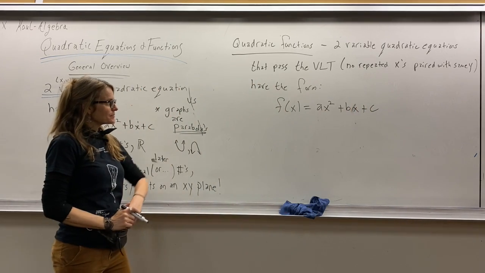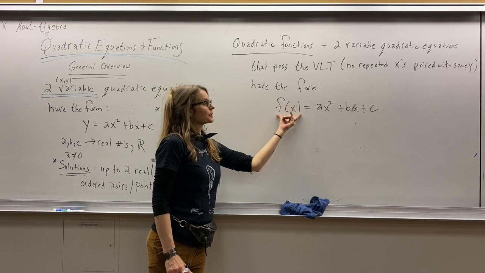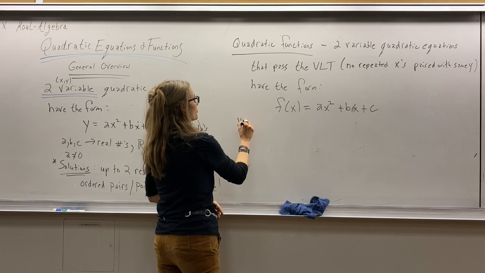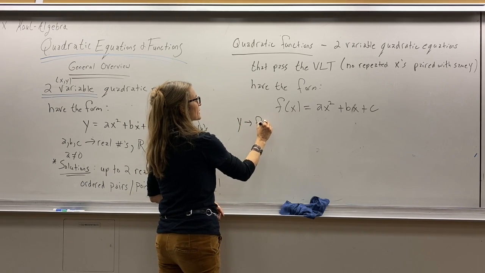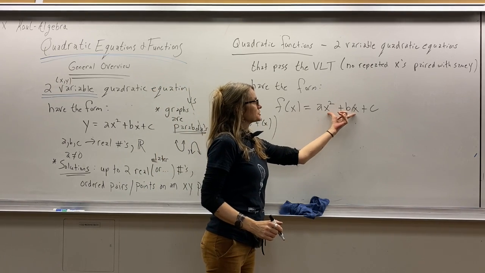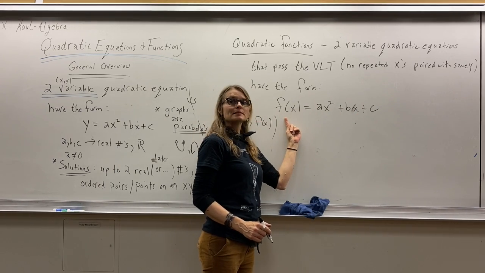And what happens here is any input we put in for x will be paired with a unique output, which would be f of x. So we go from y to the f of x format. This is the same thing. These are your inputs, these are your outputs, your independent variable, your dependent variable.